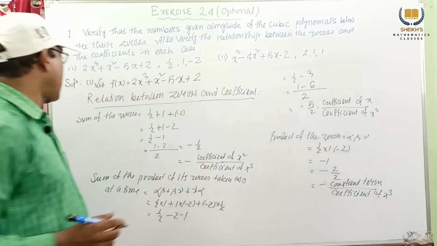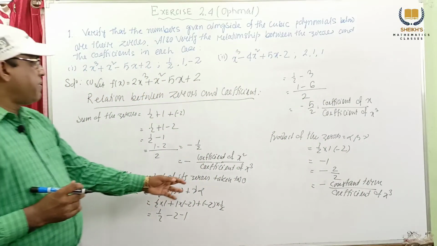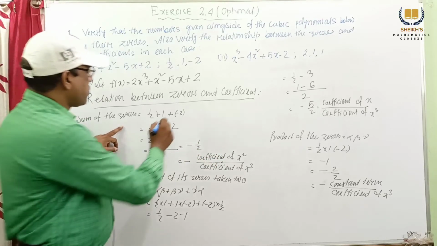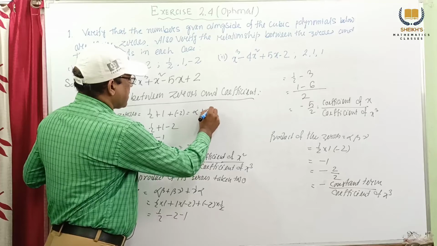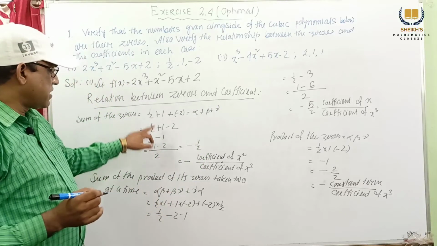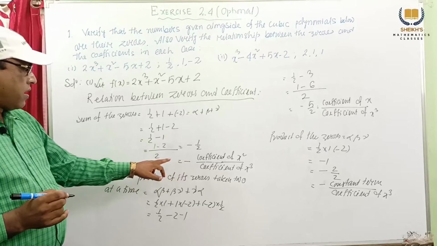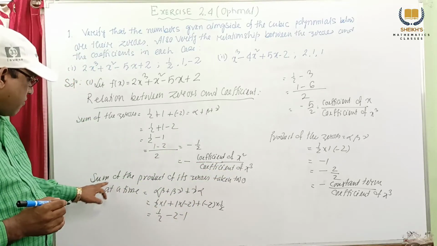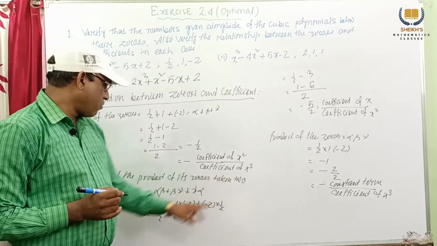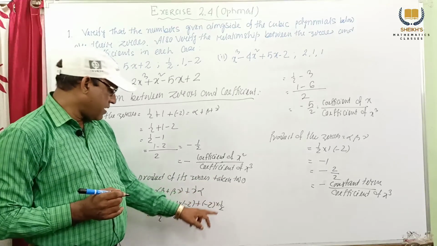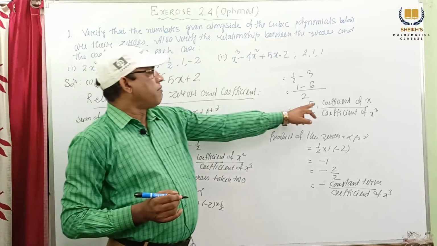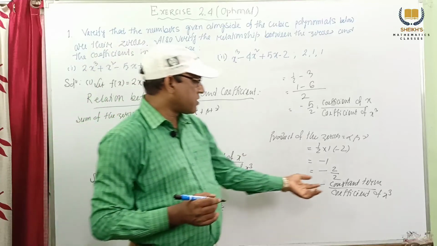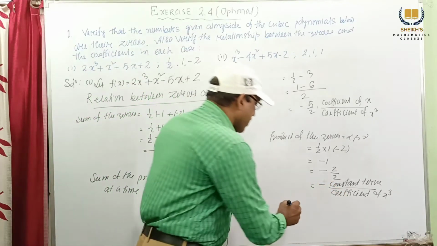This is our verification of the relation between zeros and coefficients. The sum of the zeros, alpha plus beta plus gamma, is minus coefficient of x square by coefficient of x cube. The sum of the product of zeros taken 2 at a time, alpha beta, beta gamma, gamma alpha, is coefficient of x by coefficient of x cube. And the last one is minus constant term by coefficient of x cube. Hence verified.